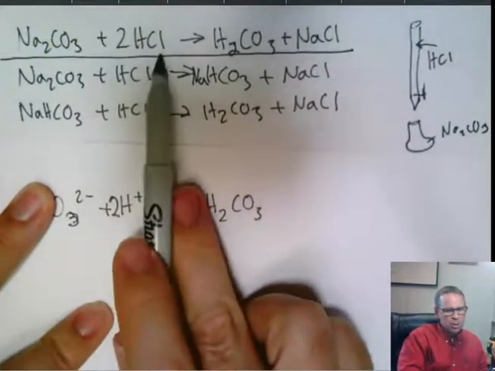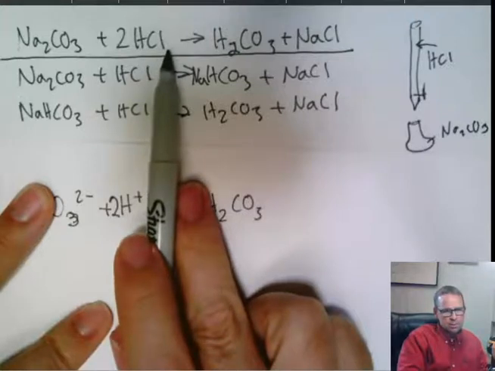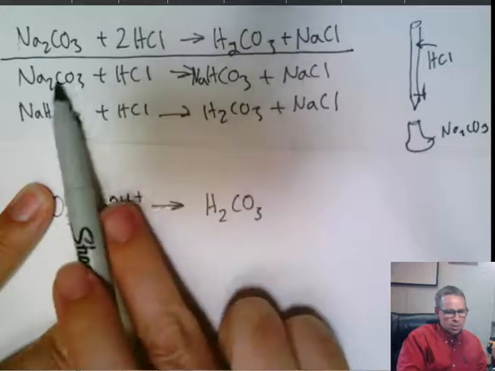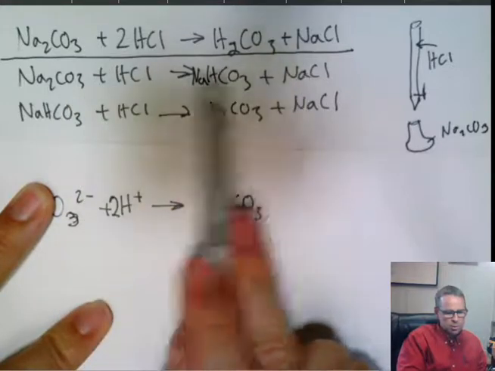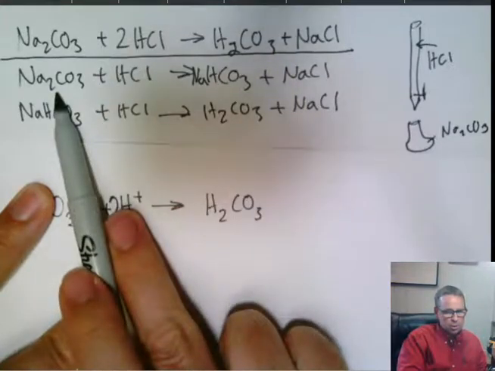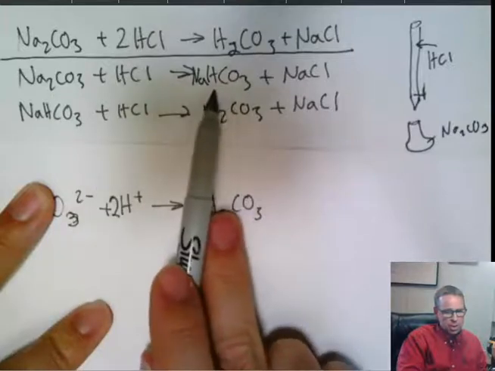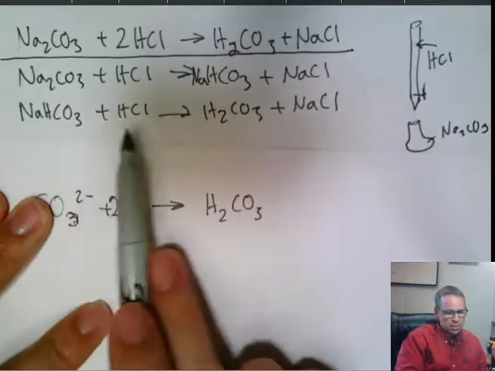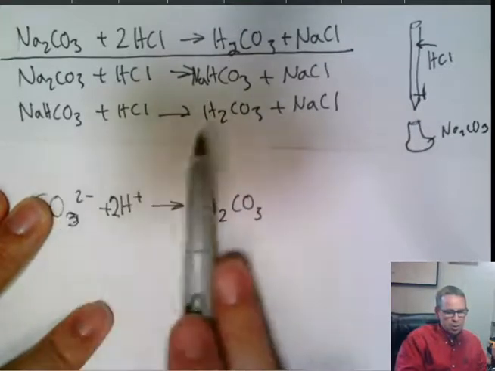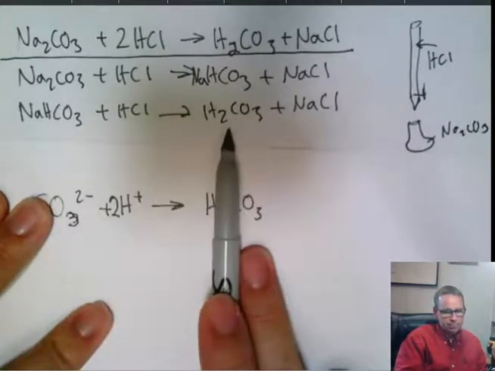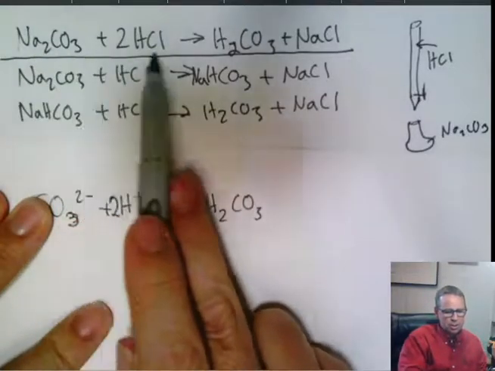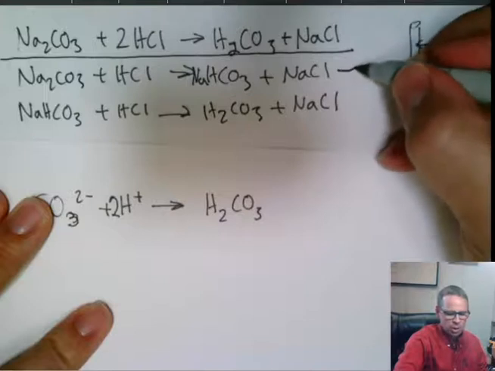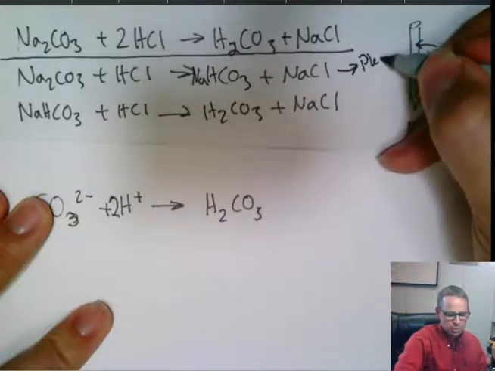So this top one here is how we write it in class. And this top one is an initial step where the sodium carbonate is converted to sodium bicarbonate. And then this is a second step where the sodium bicarbonate is converted to carbonic acid. All right? So we have 2 indicators. We have one indicator, the phenolphthalein.